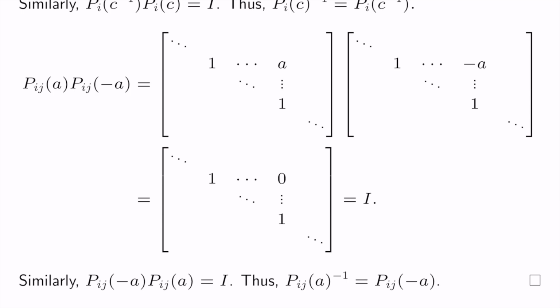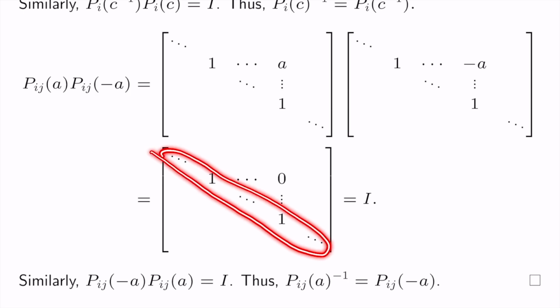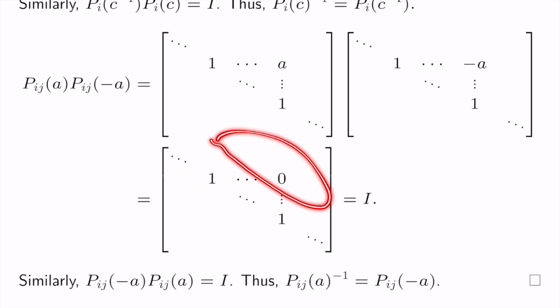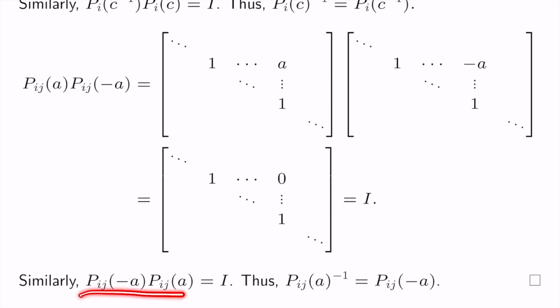For everything else, the diagonal becomes 1, and off diagonals become 0. So the result is the identity matrix. Now, if we swap the order, this becomes negative A, this becomes A, and we still get the same result, the identity matrix. Therefore, the inverse of Pij of A is Pij of negative A. And we are done.